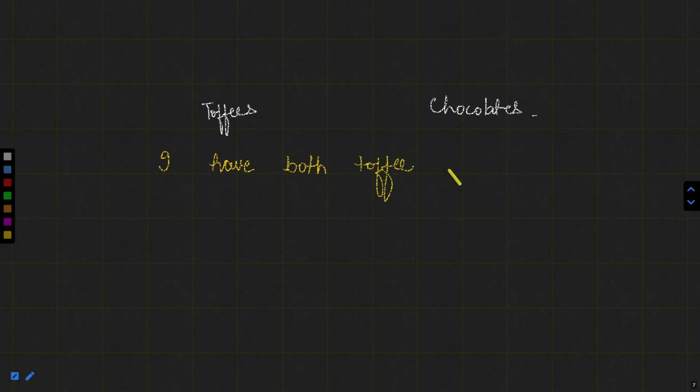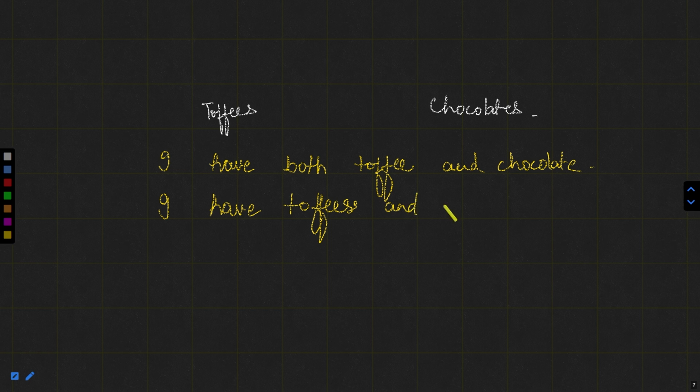I have both toffee and chocolate, suppose. I can also write that I have toffees and chocolates. I can write this sentence in this form as well. The meaning will remain the same.